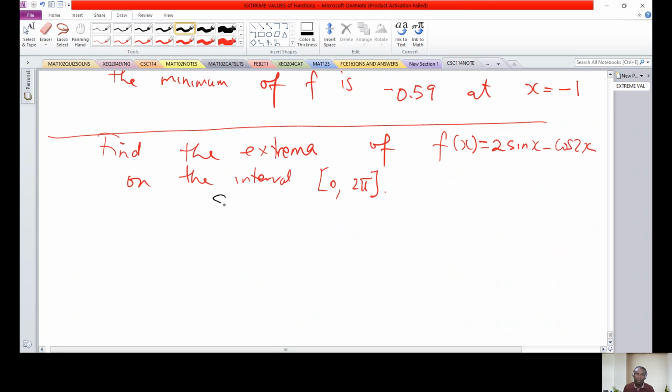So as usual, the first thing is to get the derivative of the function, and the derivative of the function will be 2 cos x plus 2 sine 2x equals 0. So this will help us to get critical points.